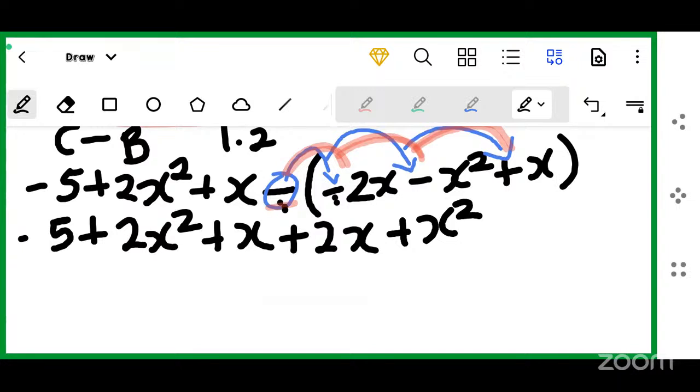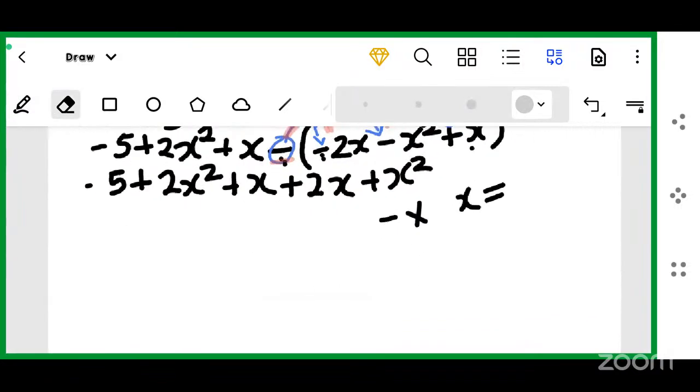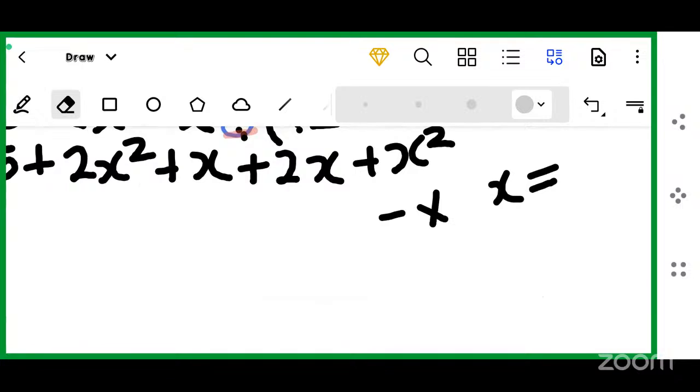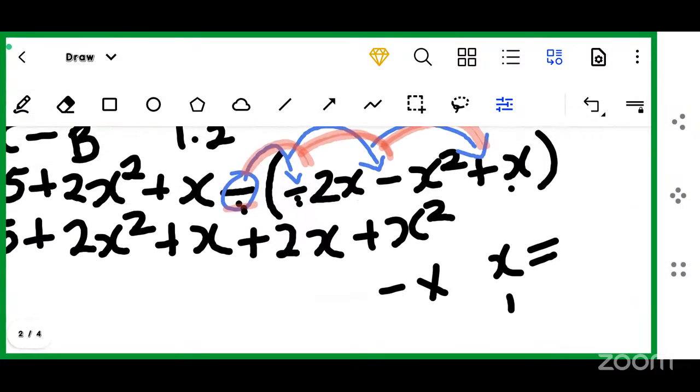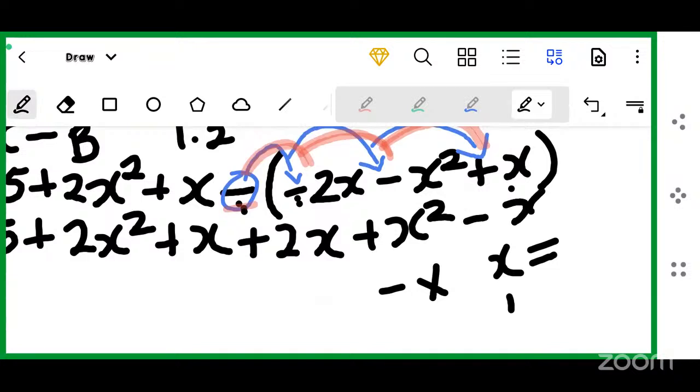So what is negative multiplied by positive x? Negative x times positive x equals negative x. Perfect. So it's going to be negative x.